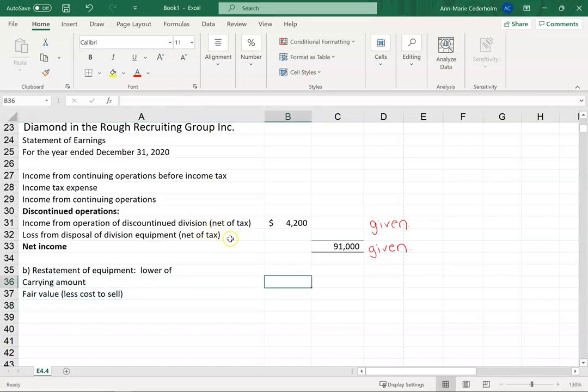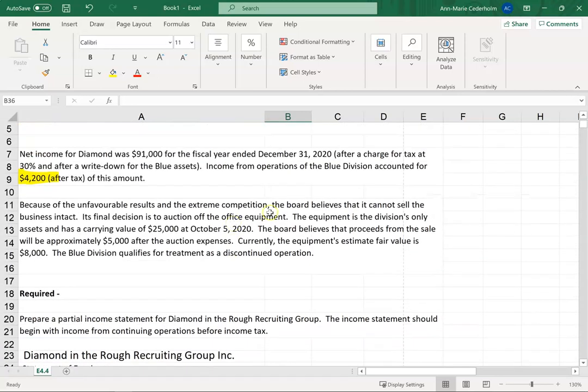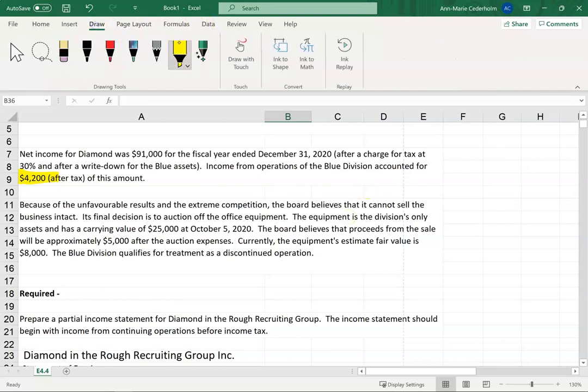So our carrying amount is given to us. So it says the equipment is the division's only assets and has a carrying value of $25,000. And the board believes that proceeds from the sale will be approximately $5,000 after the auction expenses. So the fair value is $8,000. So I'm assuming the auction expenses were $3,000.